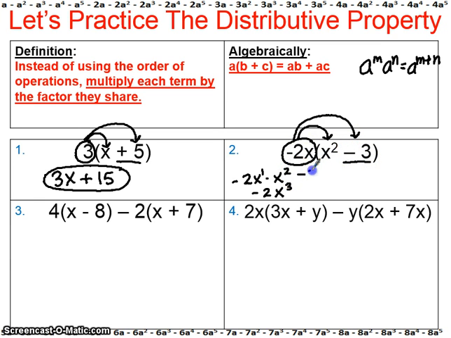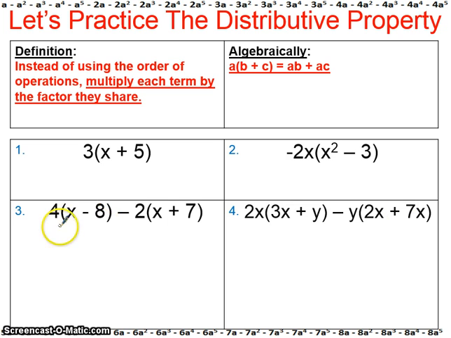So we have negative 2x times negative 3. Well, what's negative 2 times negative 3? Positive 6, and then just bring your x along, times x. So here is our simplified expression, negative 2x to the third plus 6x. I'm going to erase this just to relieve some of your visual clutter here.